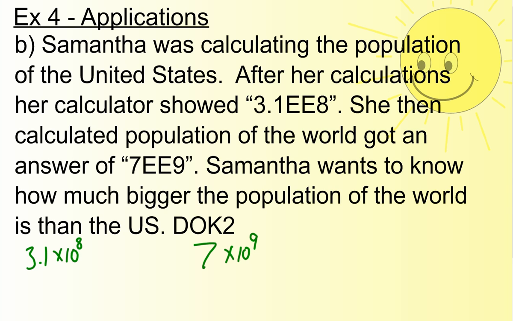And we've actually done this problem a couple times already, just not in this format. We need a ratio, a fraction. So we're going to set up the world population over the US population. So 7 times 10 to the 9th over 3.1 times 10 to the 8th.